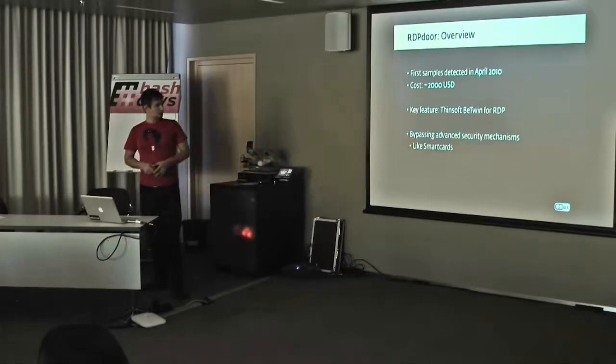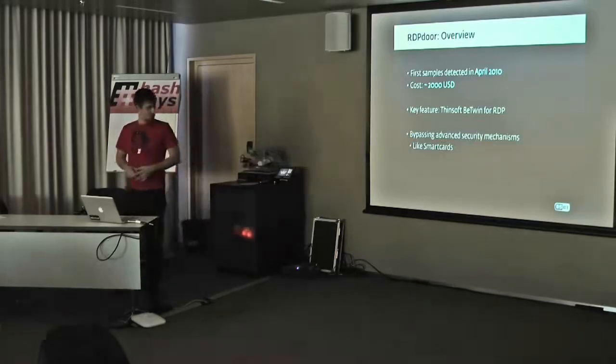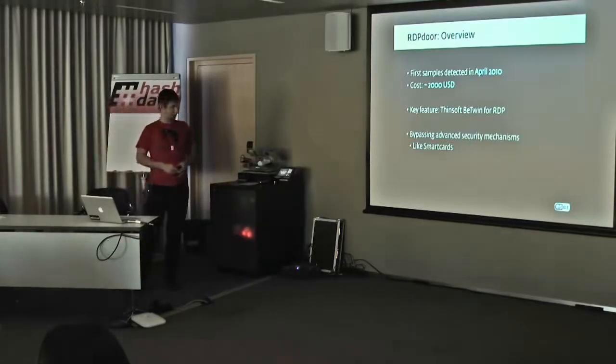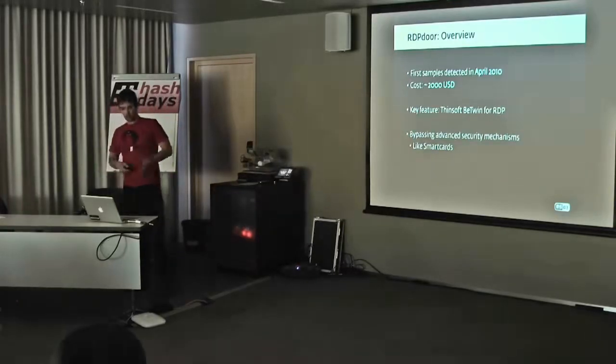For that, this malware uses components of legitimate software called ThinSoft Btwin. And it also uses some pretty neat, interesting techniques for bypassing some security mechanisms. It has some techniques for avoiding AV detection. And for the cost of $2,000, you would basically be getting a bot builder and access to an administrative panel.